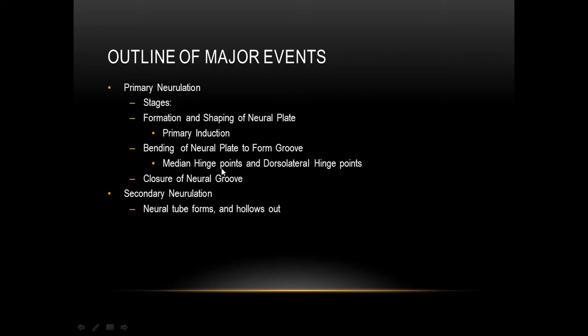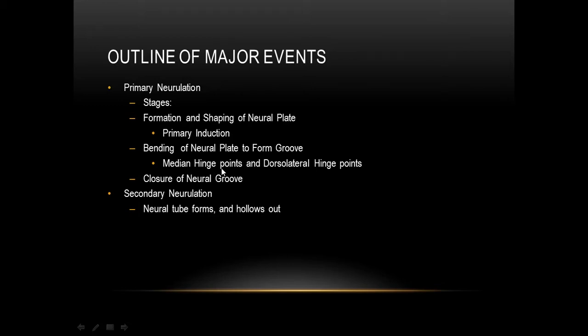As bending continues, the thickened and elongated neural plate cells form a groove, right? Sides or ridges of the groove will later on meet, closing the groove or forming a continuous closed tube known as the neural tube.